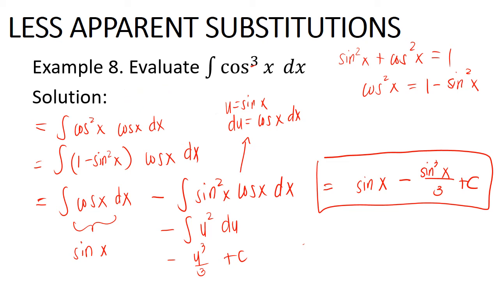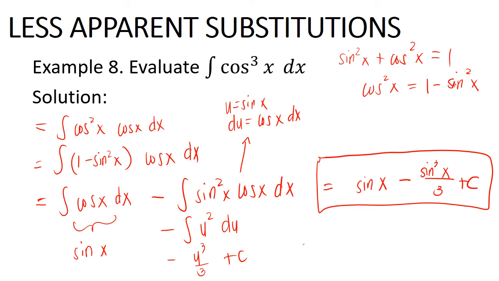See, hindi siya obvious nung umpisa at kinailangan natin ng mga trigonometric identity. Nag-substitute tayo ng mga trigonometric identity para mas ma-solve natin, and then we proceed with integration by substitution. But still, hindi pa rin siya masyadong mahirap, di ba? Because of integration by substitution.